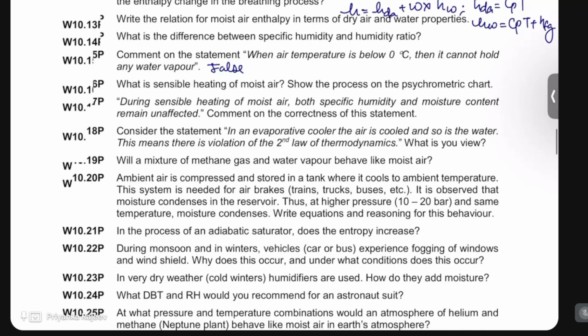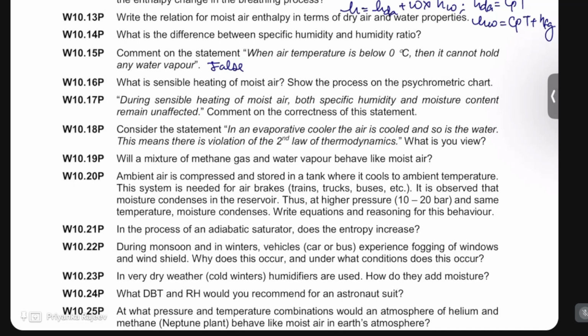Then, during sensible heating of moist air, both specific humidity and moisture content remain unaffected. Comment on the correctness of this statement. Okay, so during sensible heating, specific humidity and moisture content are the same. That is the sentence given.